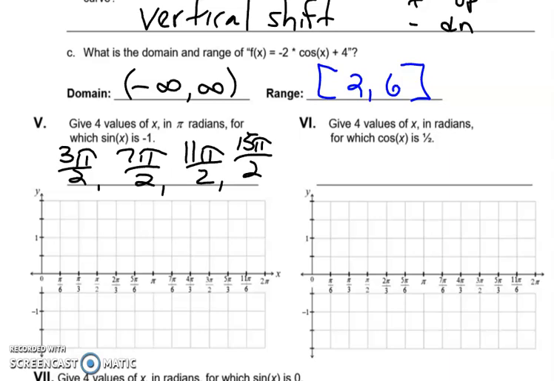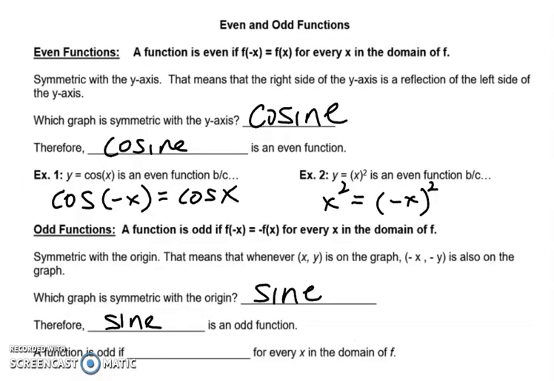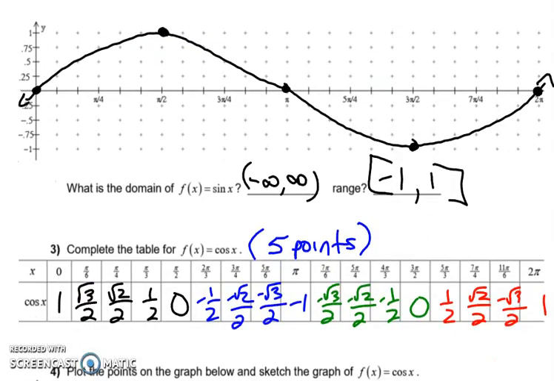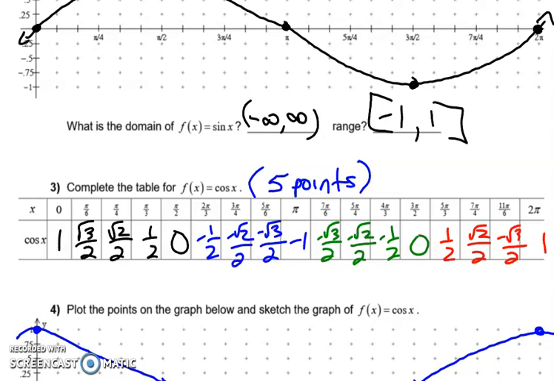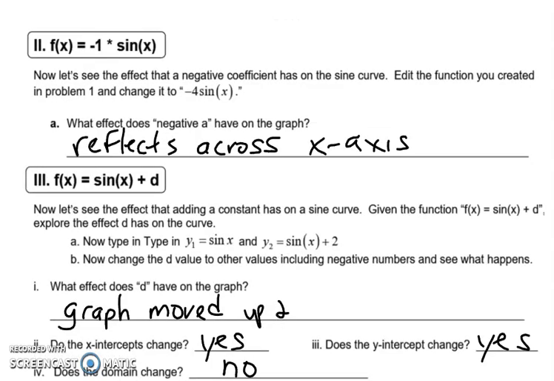We want 4 values for cosine of x is a half. So again, we can go back and see where cosine is a half, if you don't know off the top of your head. Starting with pi over 3. Again, think coterminal angles.